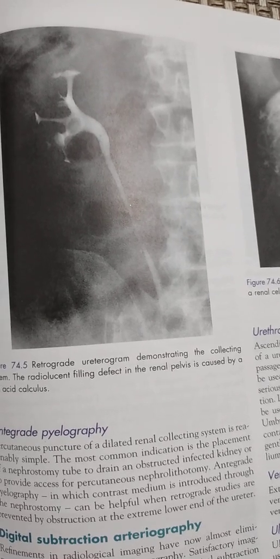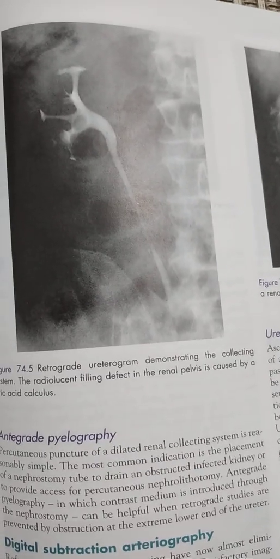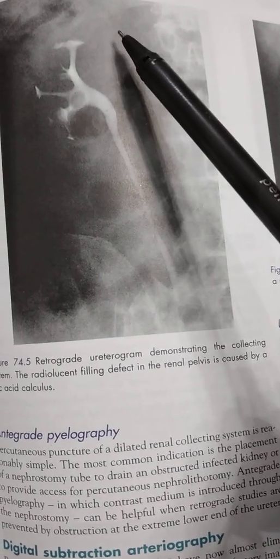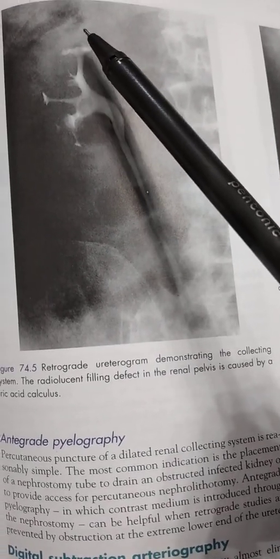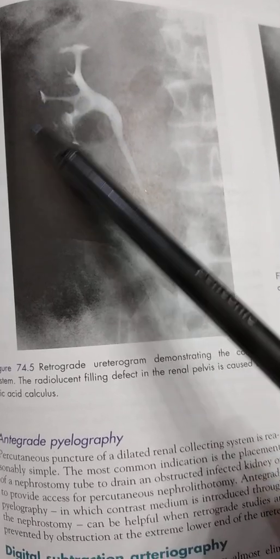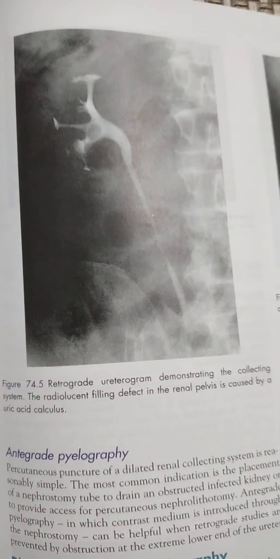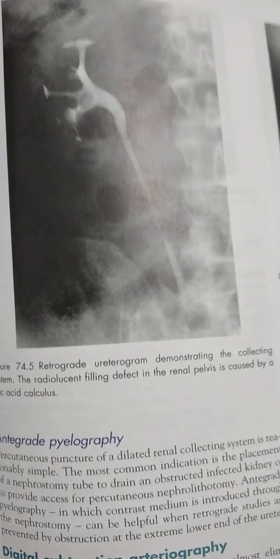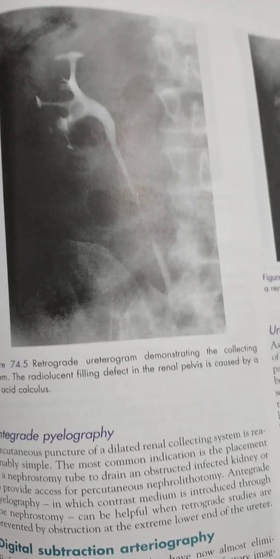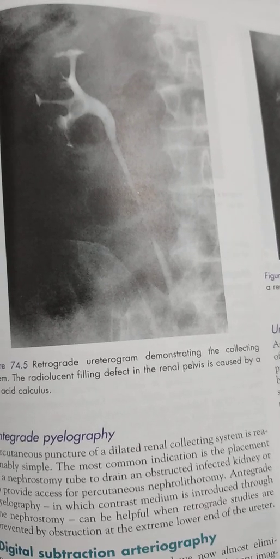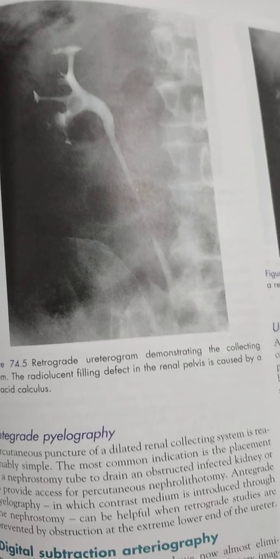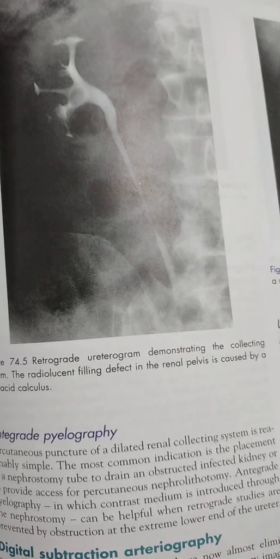Here you don't see the kidney proper, but you will see the collecting system. We inject a dye into the vein which is tagged to iodine, which is radio-opaque and excreted by the kidney. So you can find out the anatomy and any abnormality of the calyces, major or minor calyx, in the excretion urogram.